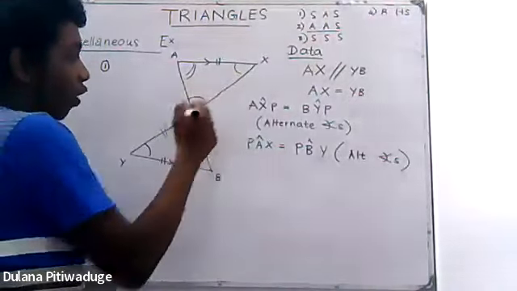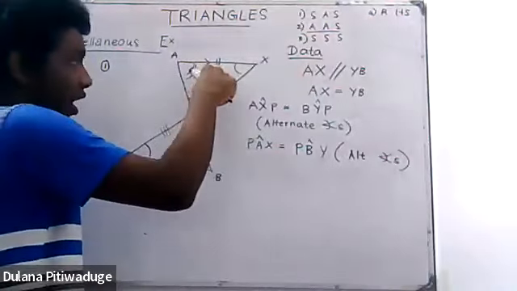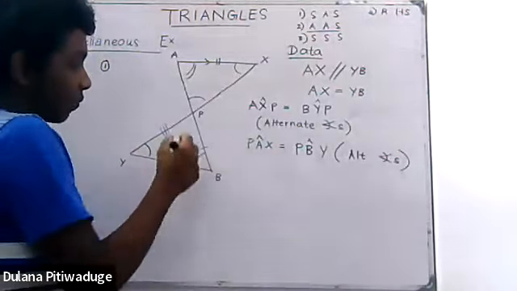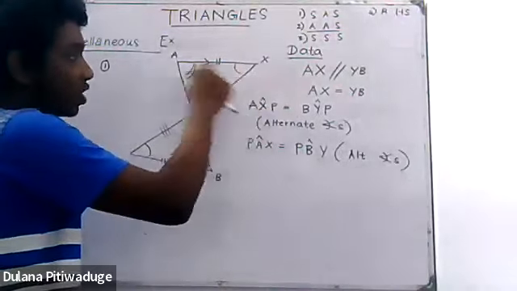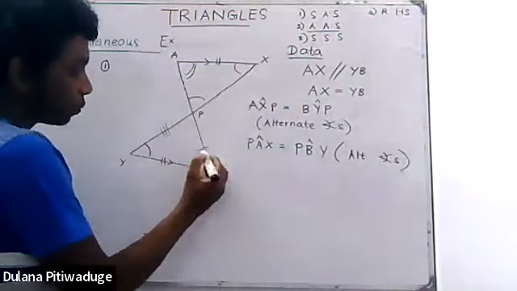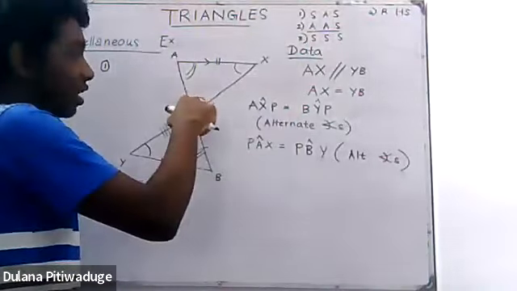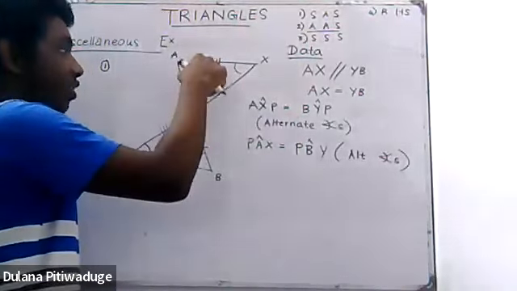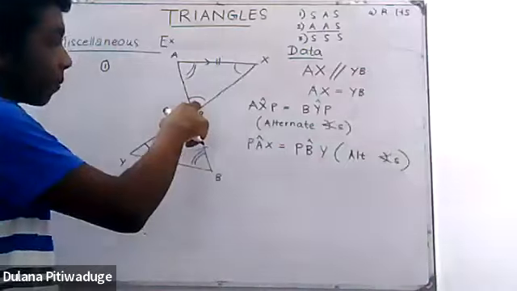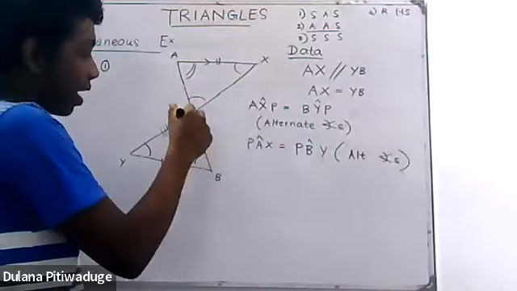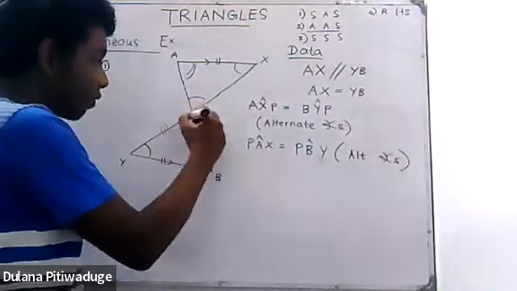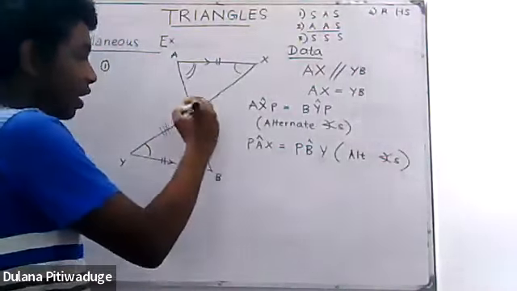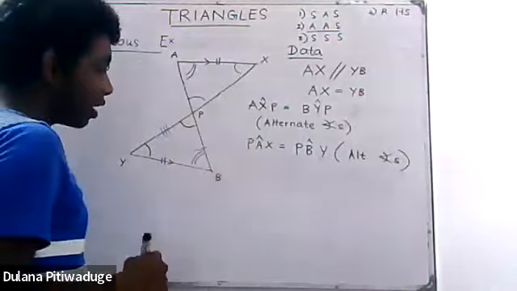In front of this angle over here, it's this side. When you consider the two angles, you consider these two angles here. So the remaining angle is this angle over here, and the side in front of this angle should be equal to the side of the remaining angle in the other triangle as well.